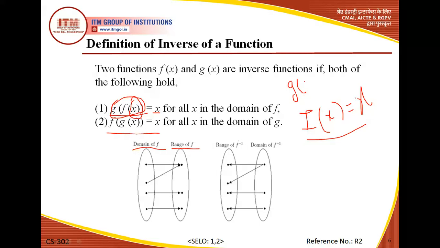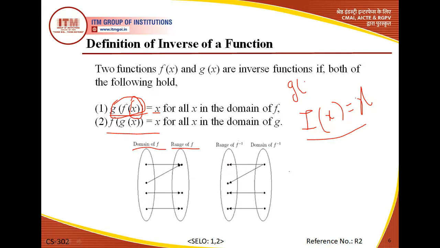So this is the B set. Now let's see it over here. We are starting from this second set, and we are going back to the first set. We have returned it this way.